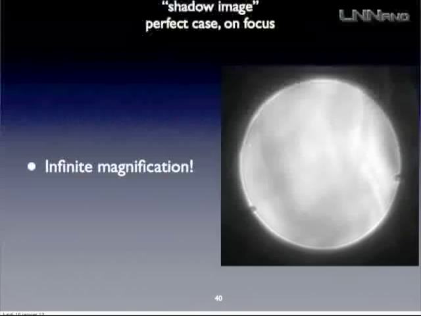And the reason is, of course, you have here an infinite magnification, so just a magnification of something which is infinitely small and that contains absolutely no information, or a constant information. So you want to have absolutely nothing inside this disk. Okay. So this is for the perfect case.